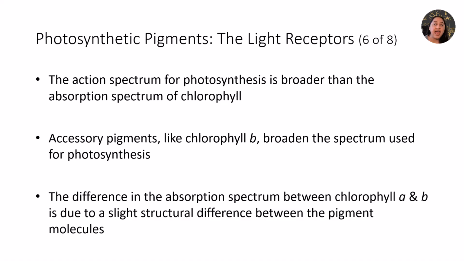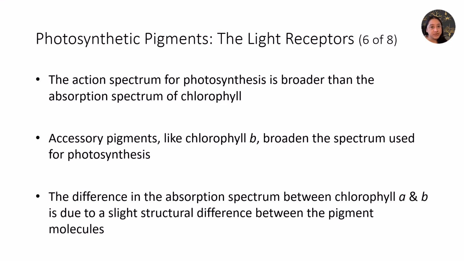And so the action spectrum for photosynthesis is actually broader than the absorption spectrum for chlorophyll. Because again, it's not just one kind of chlorophyll. There's chlorophyll A, there's chlorophyll B, and then there's other ones too.